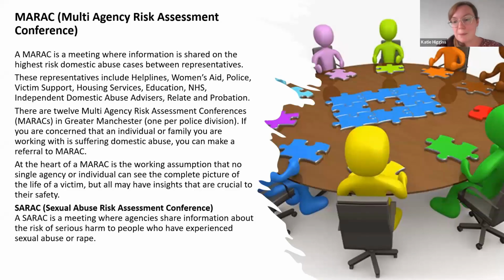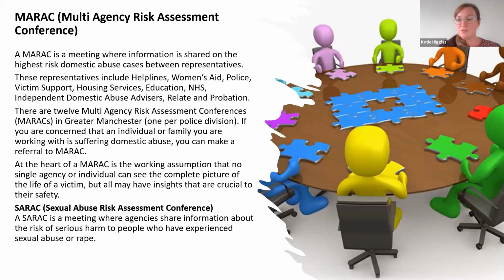Now, a really brilliant example of multi-agency working when it comes to safeguarding is something called a MARAC. A MARAC is a multi-agency meeting where information is shared on high-risk domestic abuse cases between representatives.